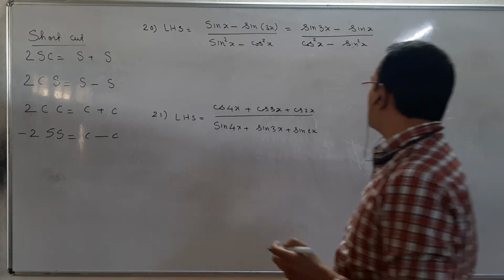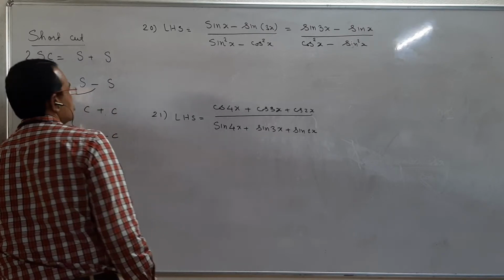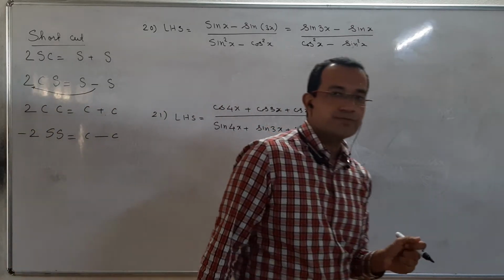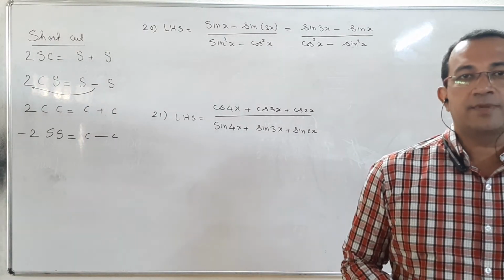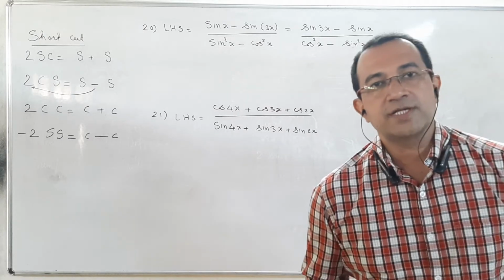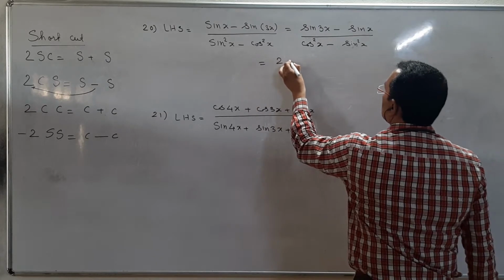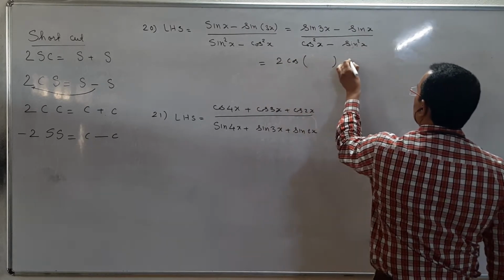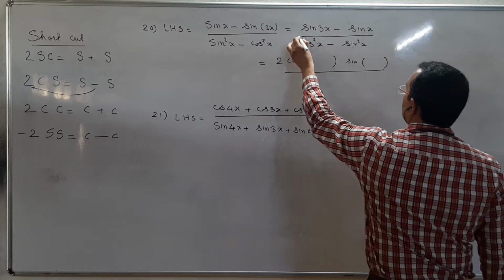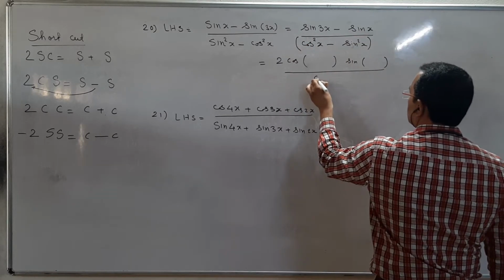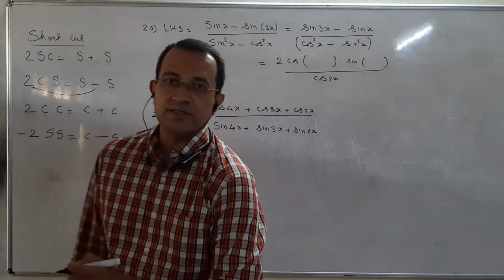Now, students, my numerator is sin minus sin, and sin minus sin is 2 cos sin. So 2 cos of into sine of, and my denominator is a direct formula of cos 2x.